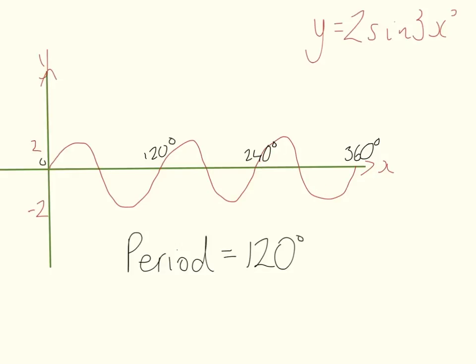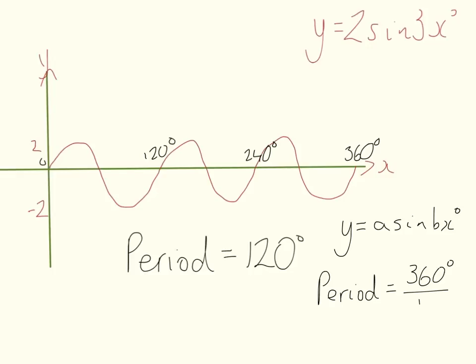More generally, if we were given a trigonometric function of the form, let's just imagine it was in sine form, y equals a sine bx degrees. If we were asked to state the period, to calculate the period, all we do is we do 360 degrees divided by b.